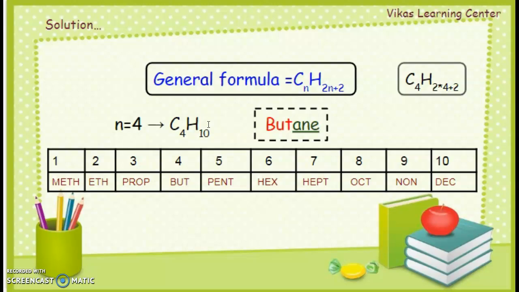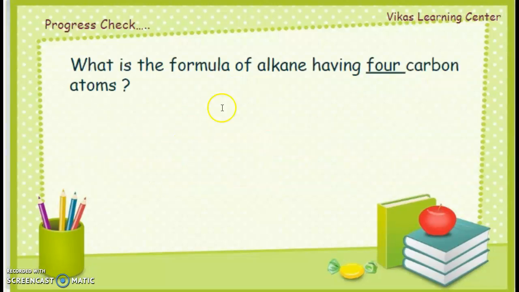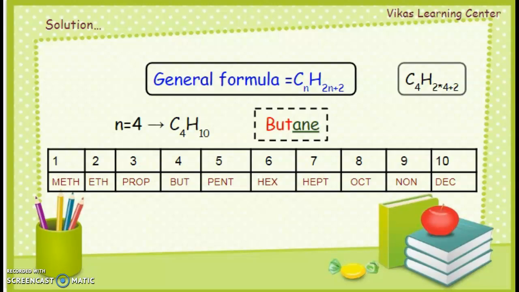When you come to the naming, you know that if there are 4 carbon atoms, the name initiates with but, and as it is an alkane, the suffix will be ane, right? Hence the name goes as butane. So now you have the answer to this question: what is the formula of the alkane having 4 carbon atoms? The answer is C4H10.